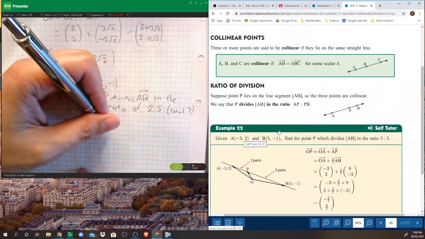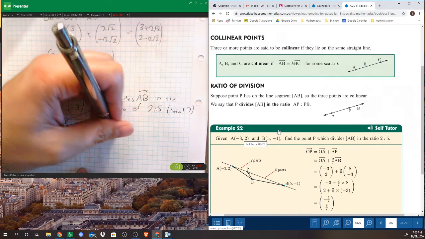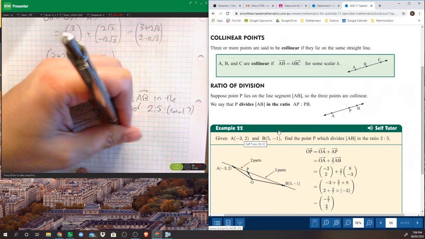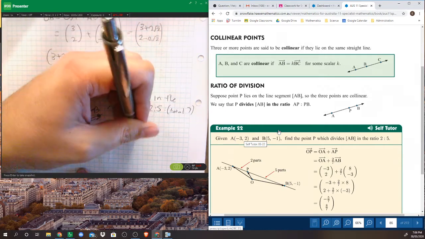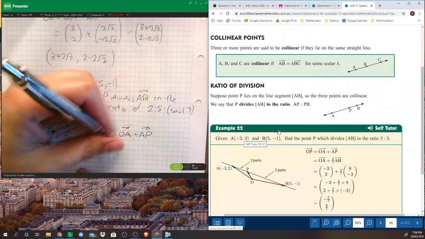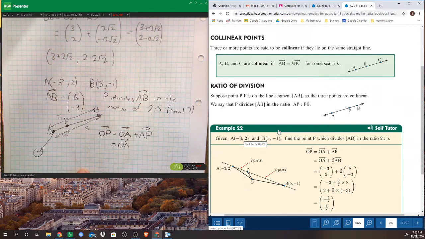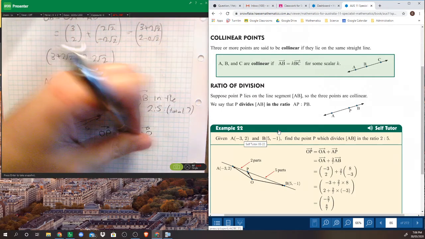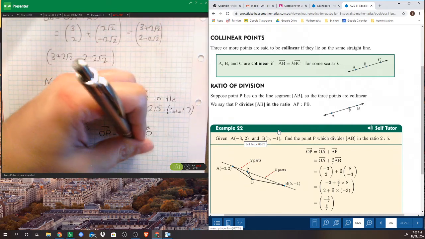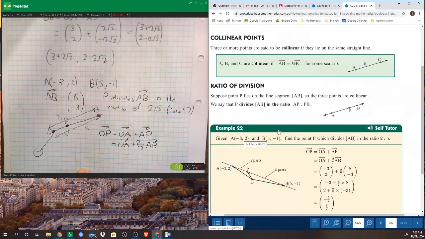If we want to find OP, the way to get from O to P is by going from O to A and then from A to P. We don't know where P is, but we know it is along the line from A to B, with a ratio of the length. So it's going to be 2/7 of AB. See what we've done there?